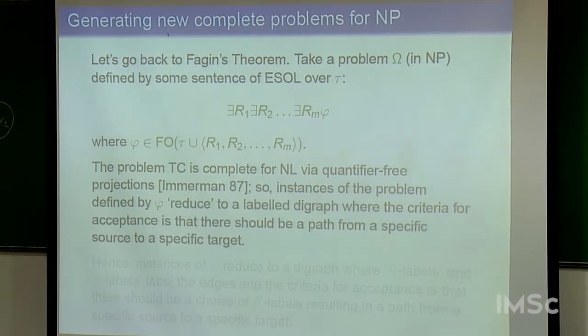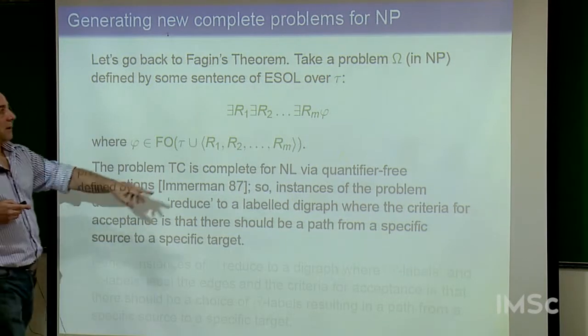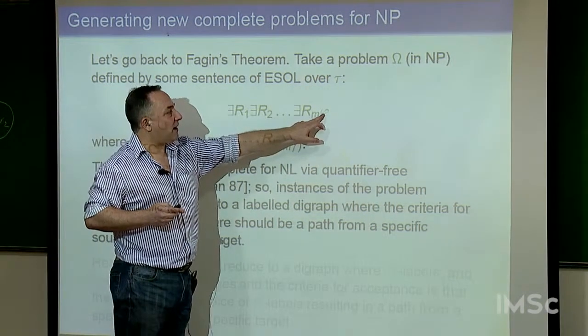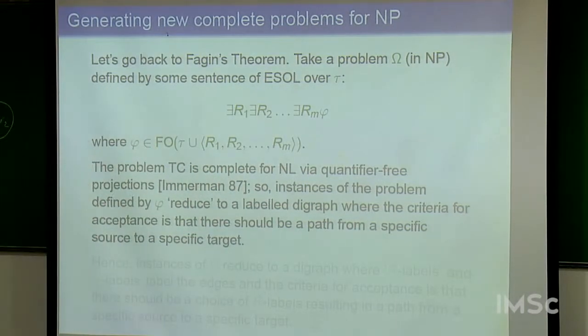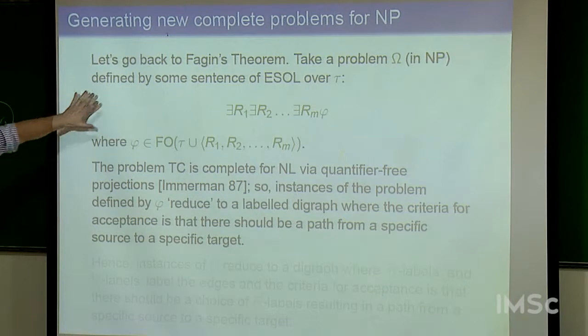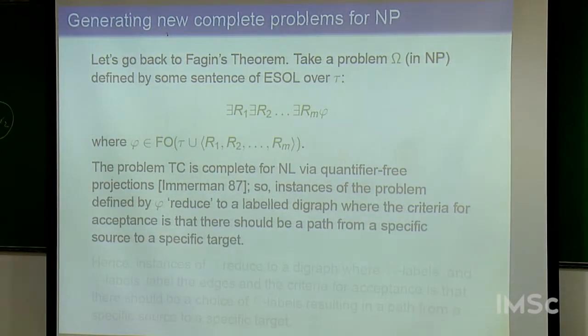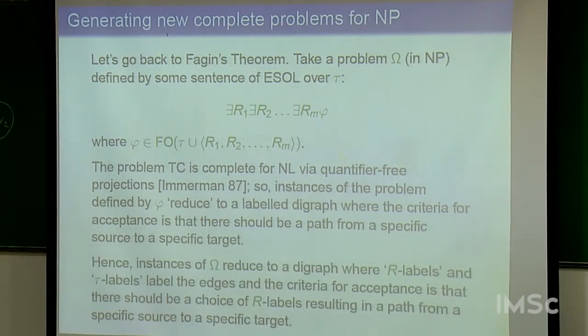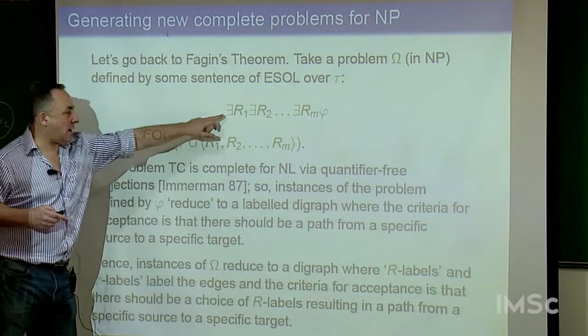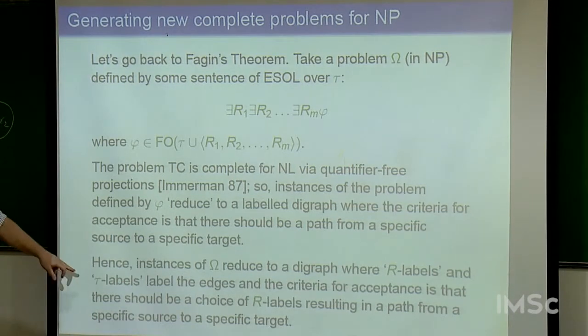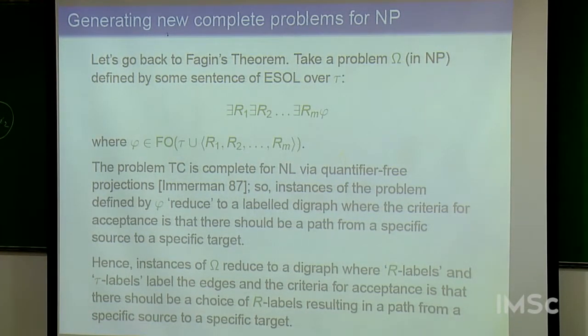Consequently, what I can do is replace this formula phi by an equivalent formula of the form transitive closure with a quantifier-free projection embedded. And this enables me to essentially reduce this problem described by this formula to essentially a labeled digraph where the labels are R labels and labels from the source signature.